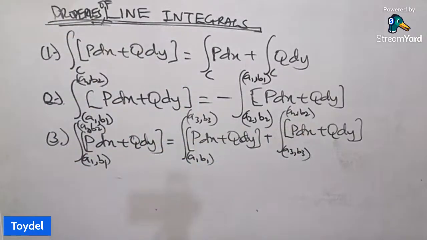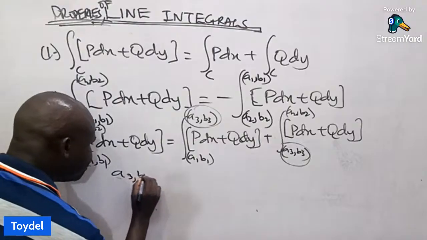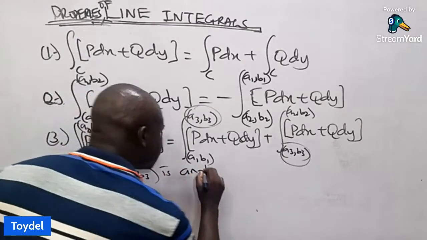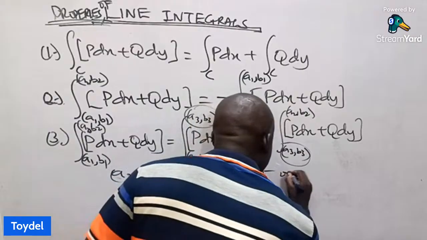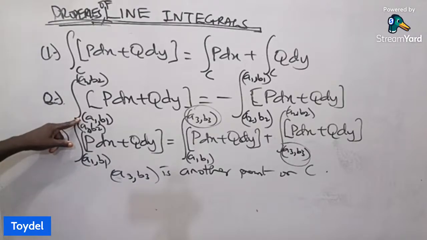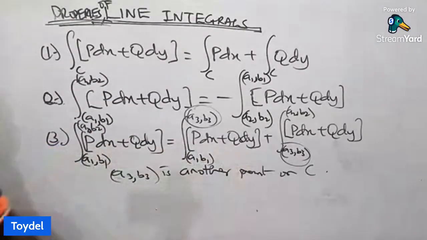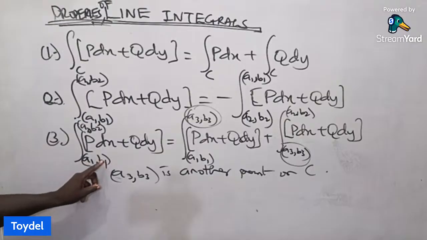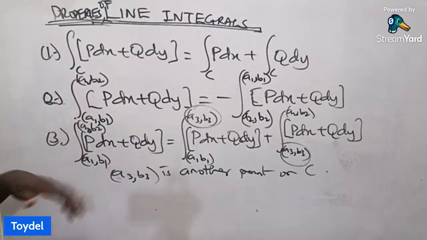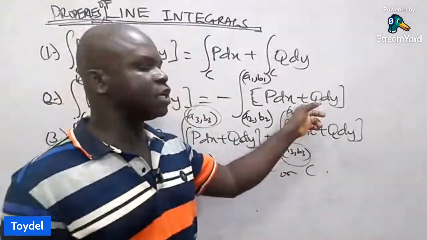Here, (a3, b3) is another point on C. From what we stated earlier, (a1, b1) is the coordinate of capital A, and (a2, b2) is the coordinate of B. If you now have another point, say G, which is (a3, b3), we can move from (a1, b1) up to (a2, b2) directly, or we move from (a1, b1) to (a3, b3), then move from (a3, b3) back to (a2, b2).